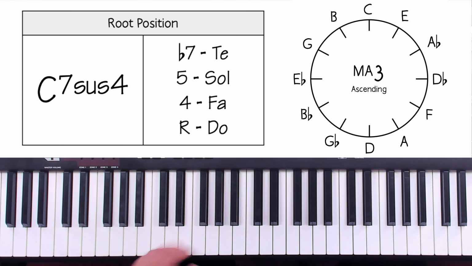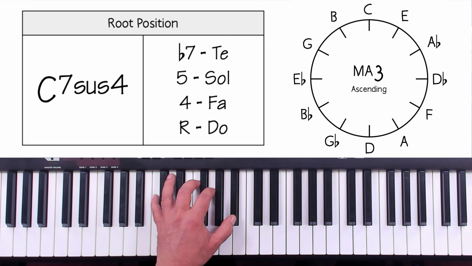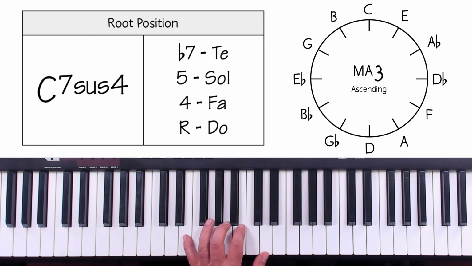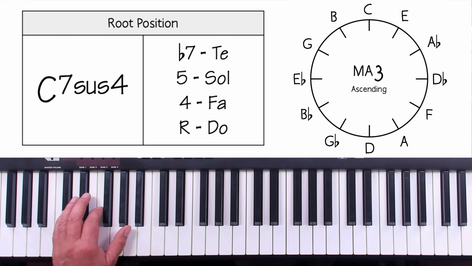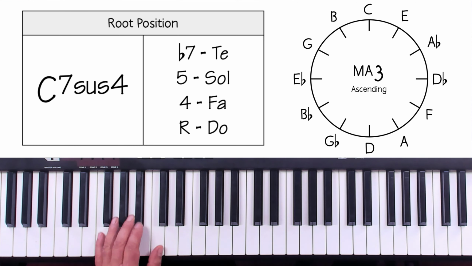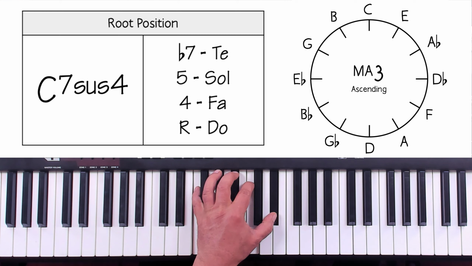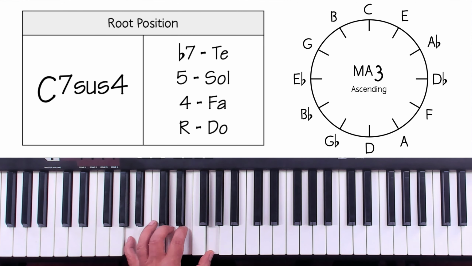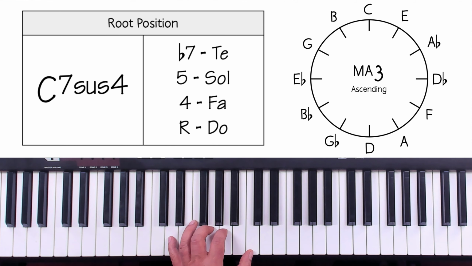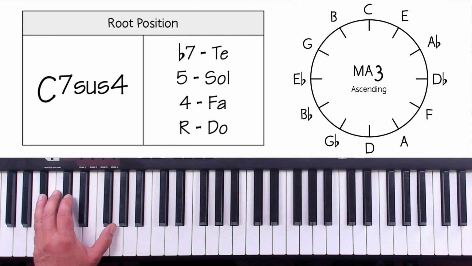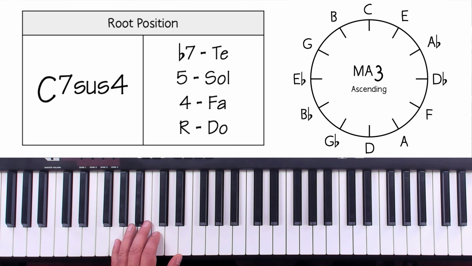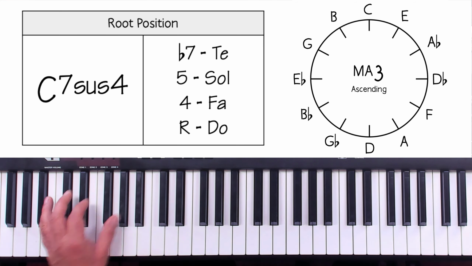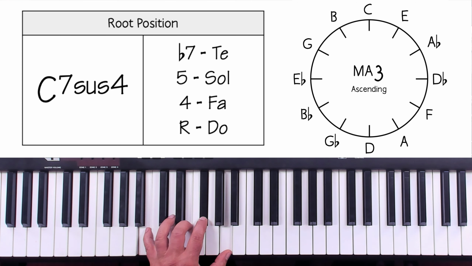C, E, A flat, D flat, F, A, D, G flat or F sharp, B flat, E flat, G, B, and back to C.